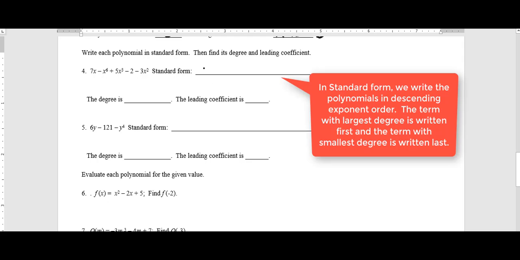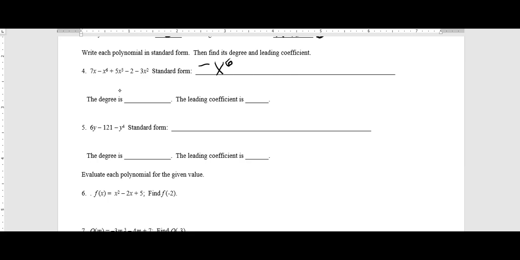Now in our next set of problems, let's write each polynomial in standard form. Then let's find its degree and leading coefficient. So I look at the degree of each term. Since each term has only one variable, the degree will be the power on the variable. And I write the largest term first and write these terms in descending exponent order.